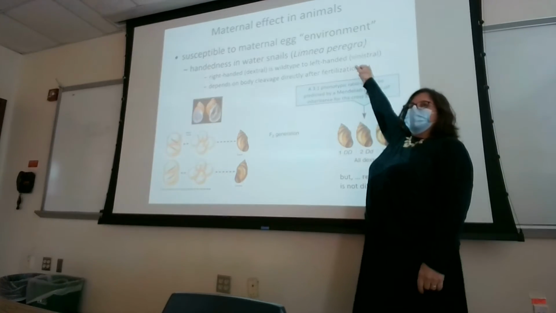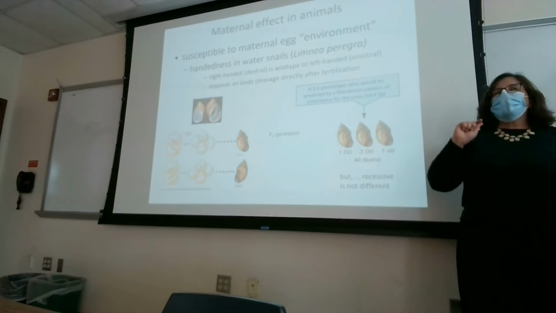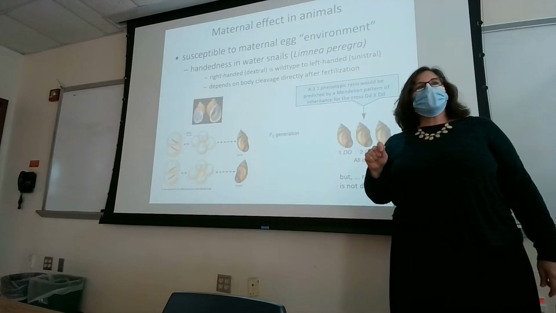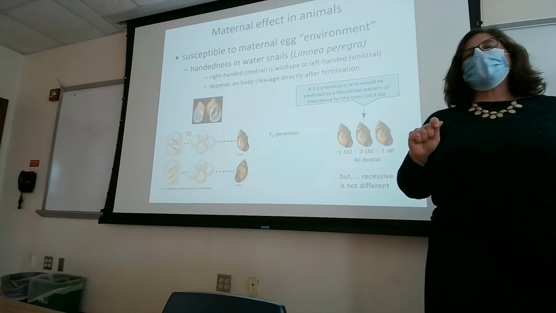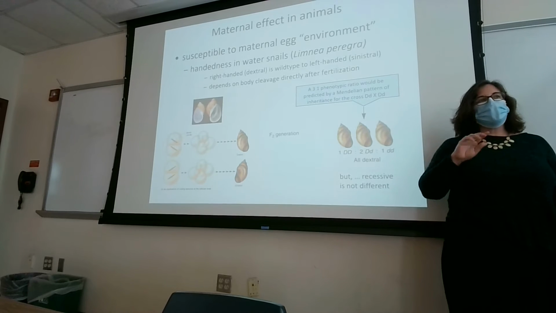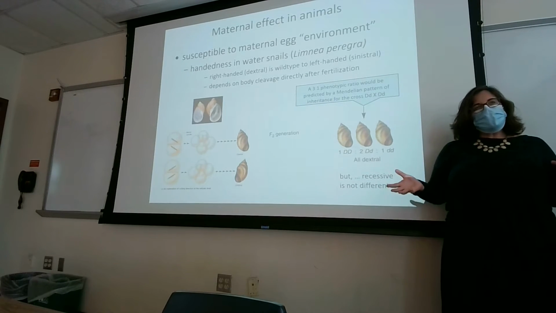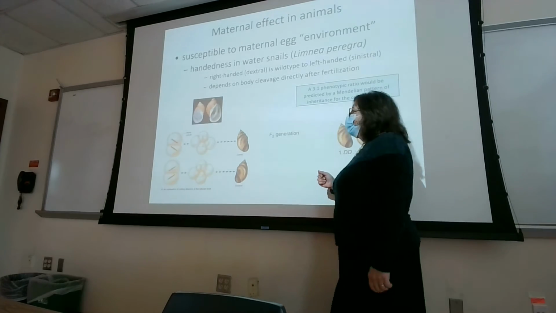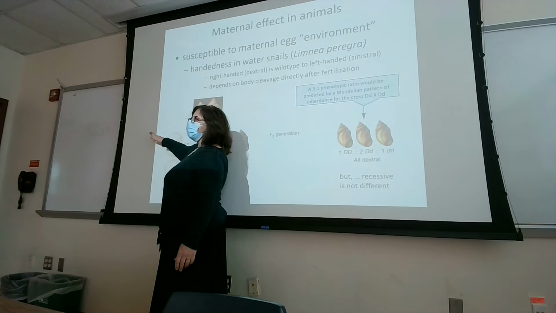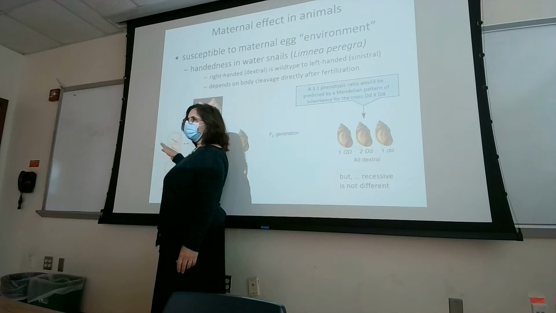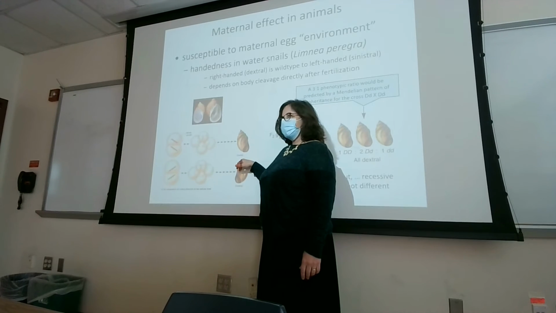So we have our sinister hand, we have our dextral hand, and whichever proteins in the egg are ready to set up that first mitosis, whichever proteins are there, is what forms the handedness of the snail. So if your spindle sets up in this direction, it becomes right-handed.